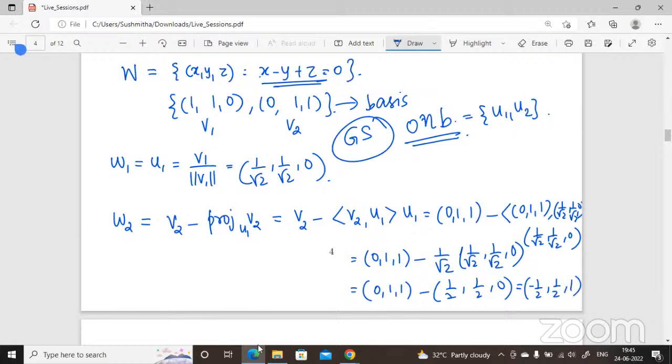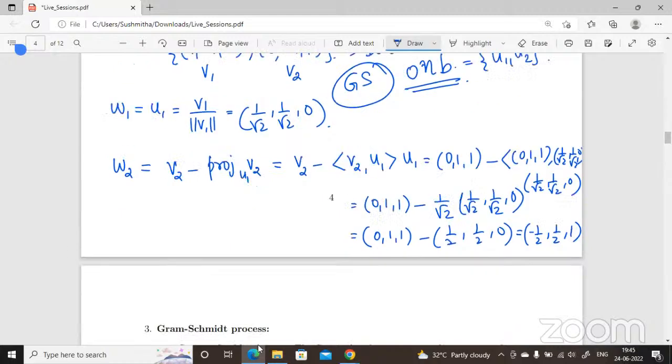At this stage, you can see that you would have got an orthogonal set before normalizing. Can you see? The dot product comes to 0. Yeah. So you've got an orthogonal set. To make it orthonormal, U2 is W2 divided by norm W2. So whatever is the norm of this, 1 by 4 plus 1 by 4 plus 1.